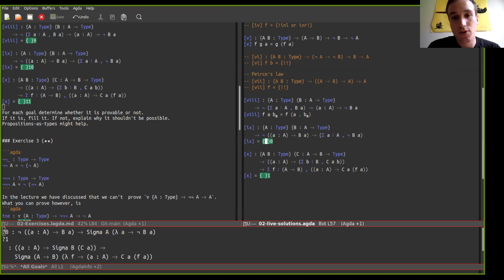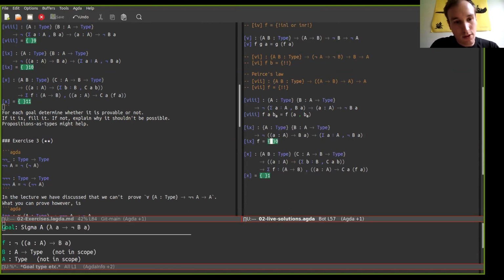Okay, sure. So if we're trying to prove this, first, our assumption is an F, which takes a dependent function from A to B A, so this is just a pi type really, written in Agda, and from that it produces something of the empty type, right?